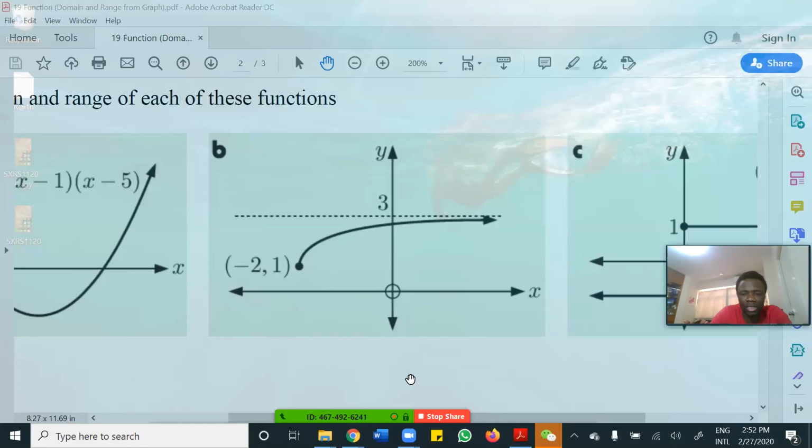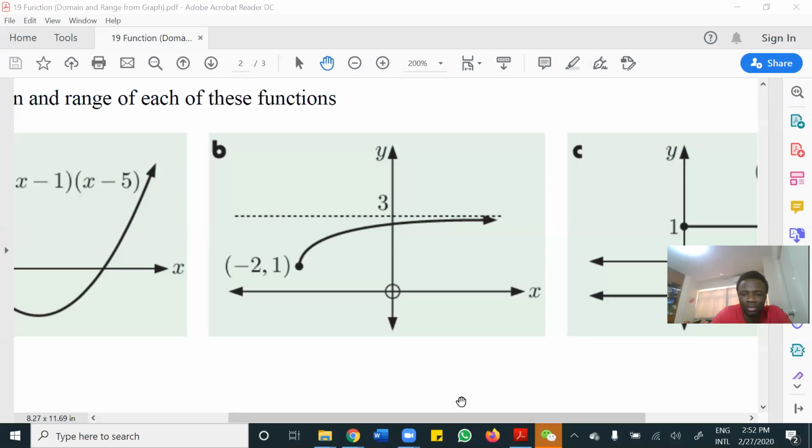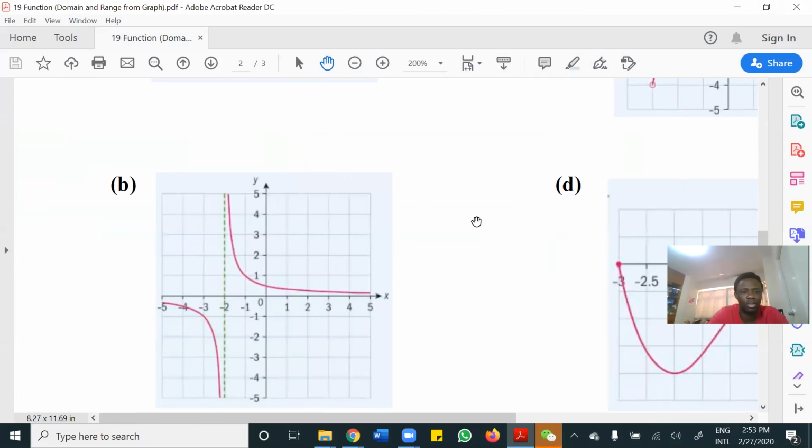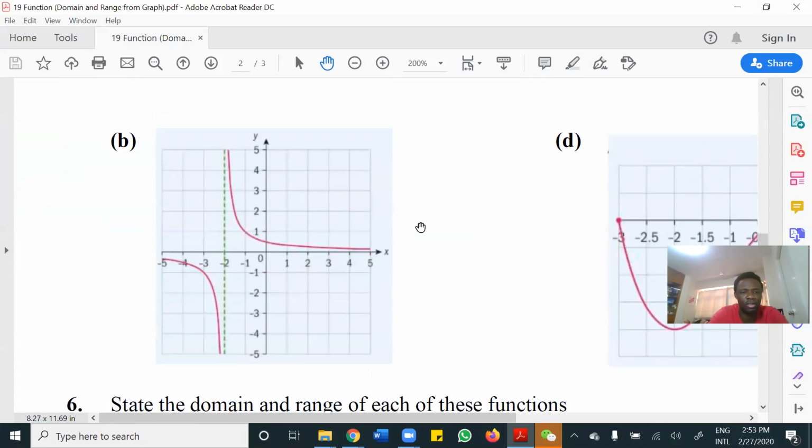Who is next? After Lillian, we have Krista C. You're next. Your question and your response. My question is 5B. This is 5B, yes?